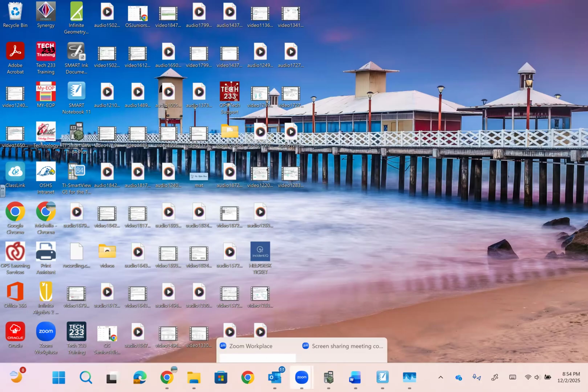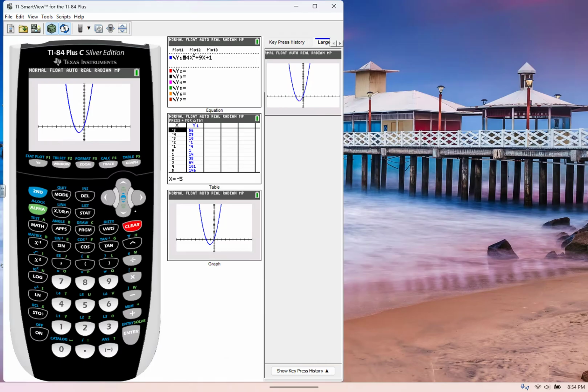So if I did on my calculator, clear. If I took 1764 divided by 337, and push enter, that's what I would get.